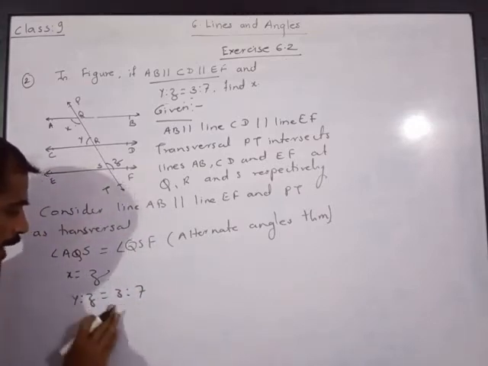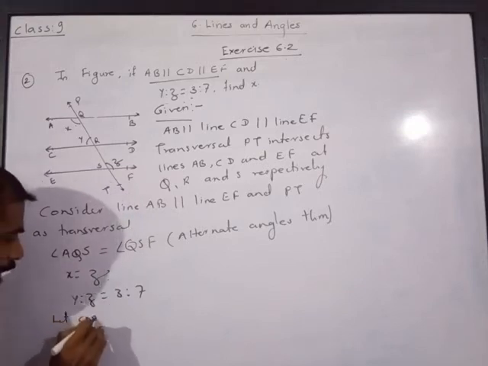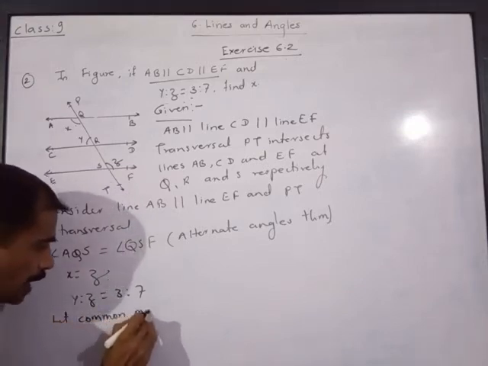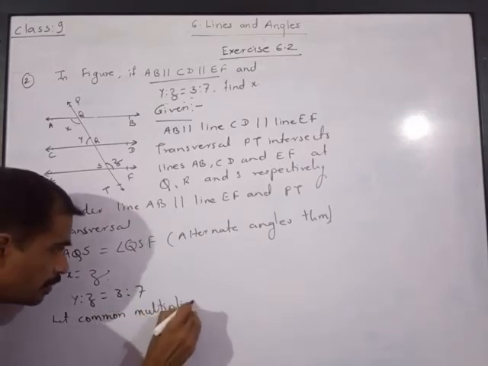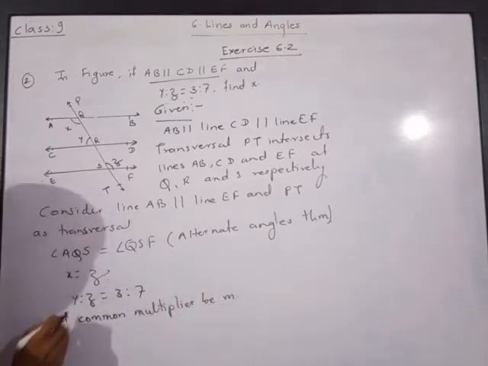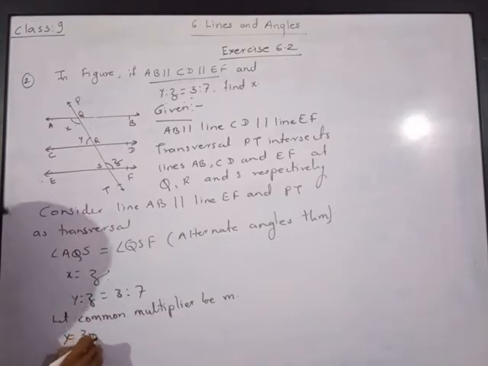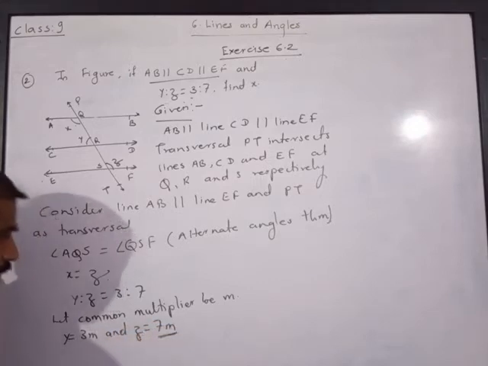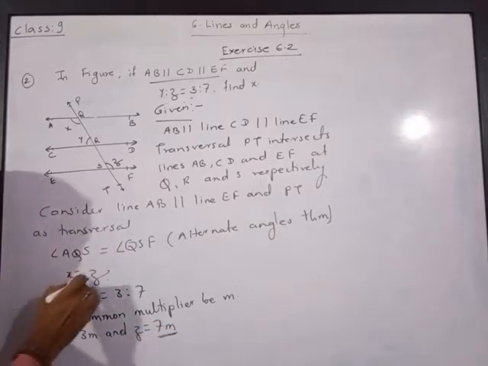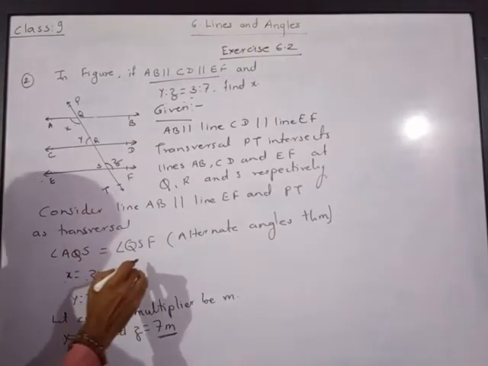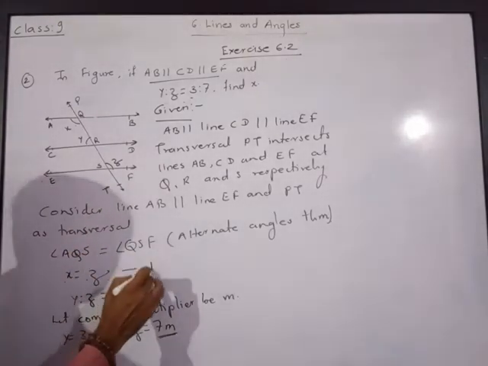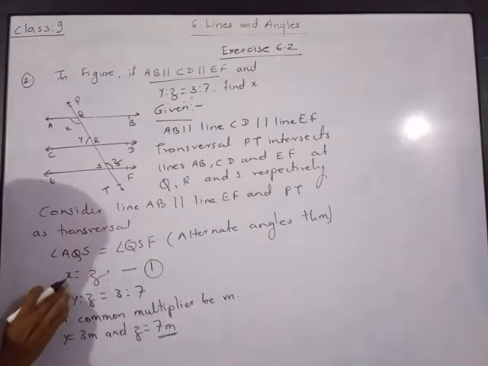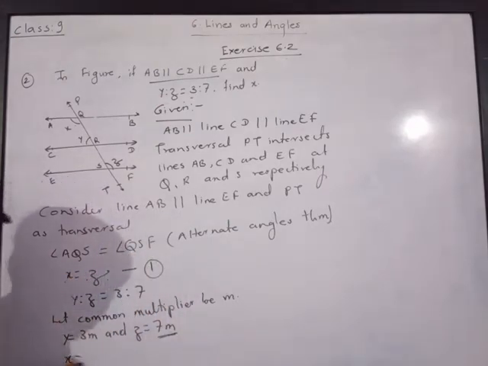Let the common multiplier be m. Therefore, you will get y is equal to 3m and z is equal to 7m. Now, we have already written x is equal to z. We will name this equation 1. So since x is equal to z, we will get x is equal to 7m. So we have got y is equal to 3m and x is equal to 7m.